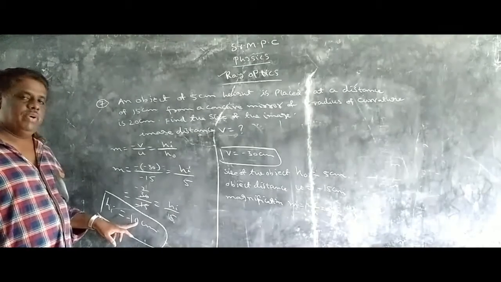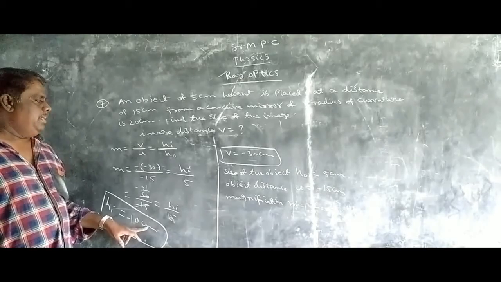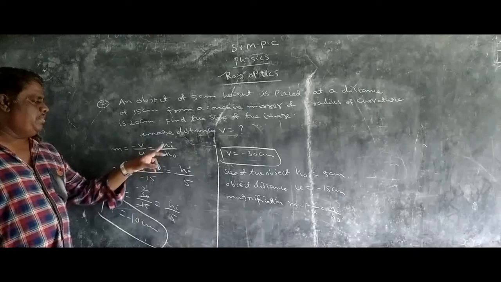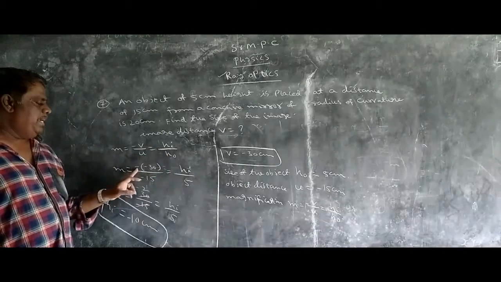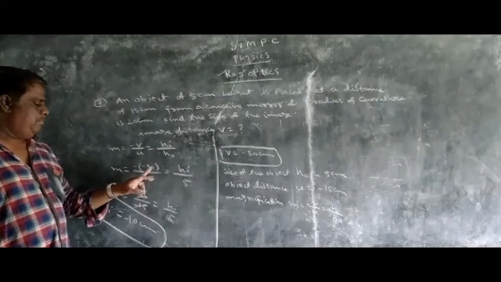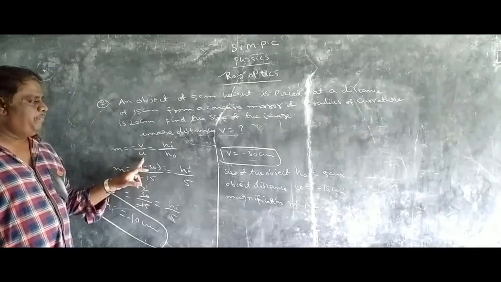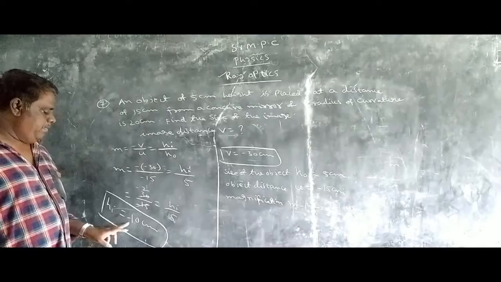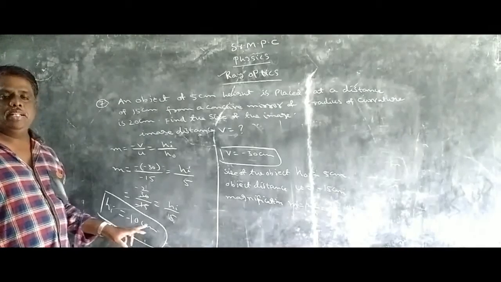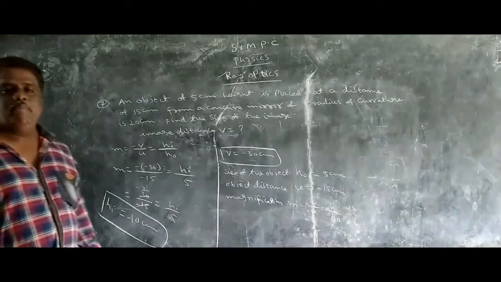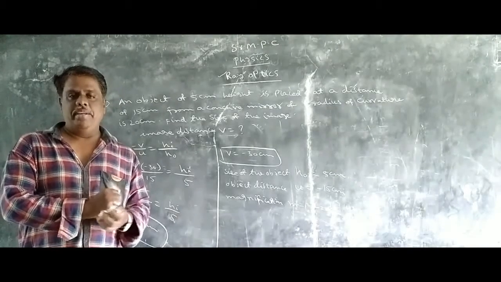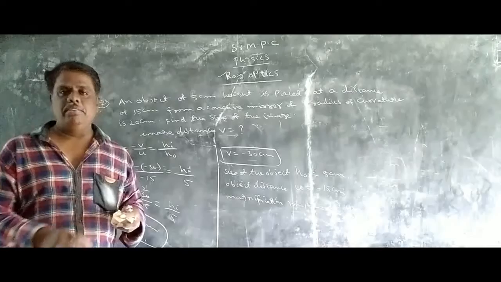So the value will be equal to 10 centimeter. Formula for magnification once again: M is equal to minus V by U is equal to HI by H naught. Minus of minus becomes plus 30 by U value, minus 15. After solving, height of image will be equal to 10 centimeter. The negative sign indicates the image will be real and inverted. For inverted images, we take the negative sign.